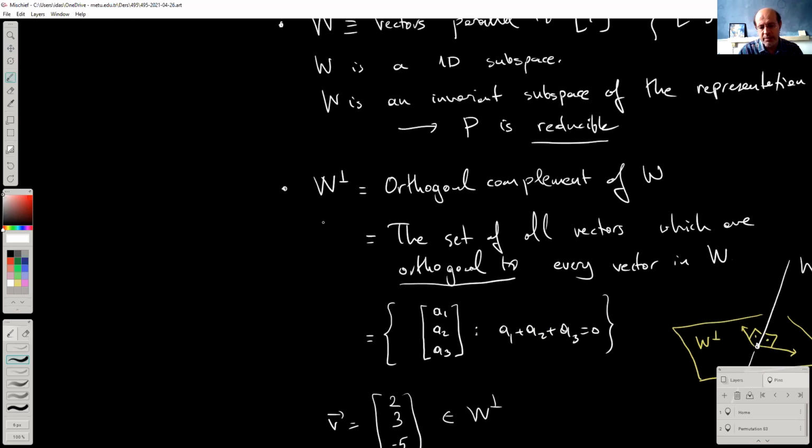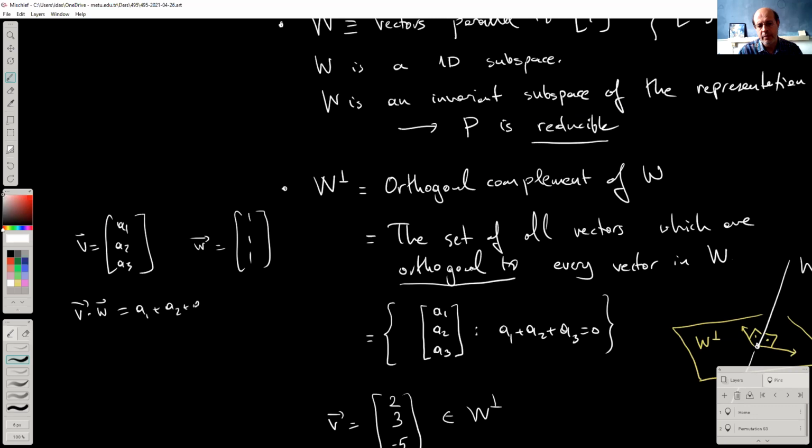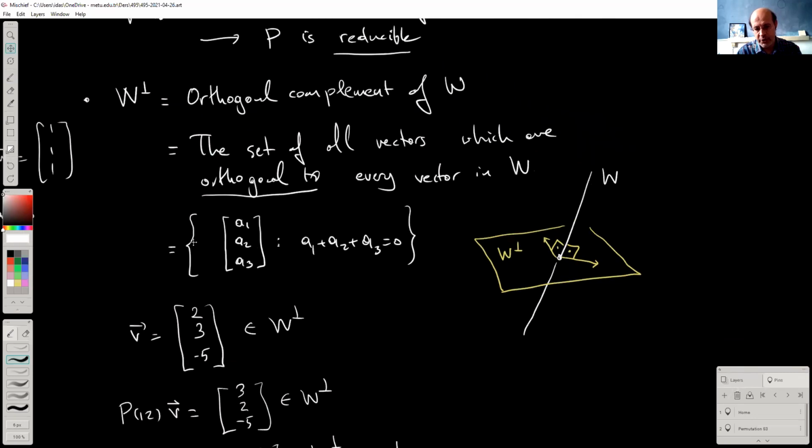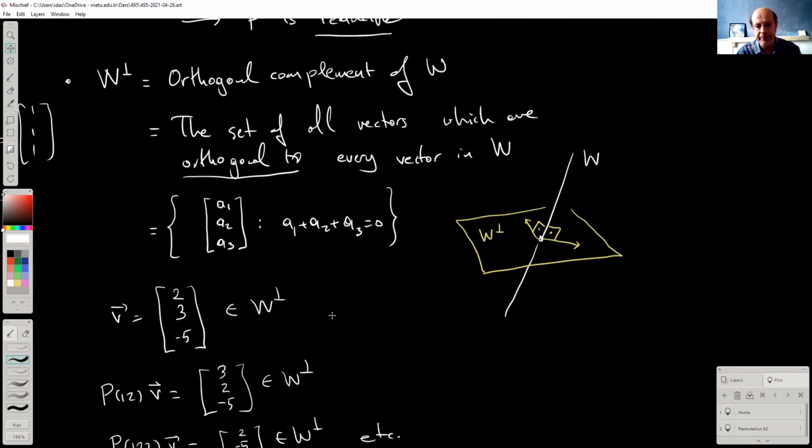Because, think of it like this: if V is A1, A2, A3, and W is this vector, all the other vectors are parallel to this. So the dot product in here is basically given by the sum of the components. Oh, okay. And they're perpendicular. Yeah, this is the perpendicularity condition. Okay, thank you. So that's why we have this.